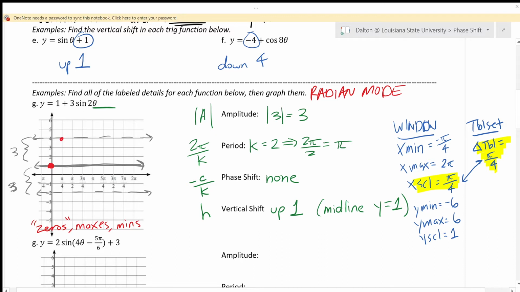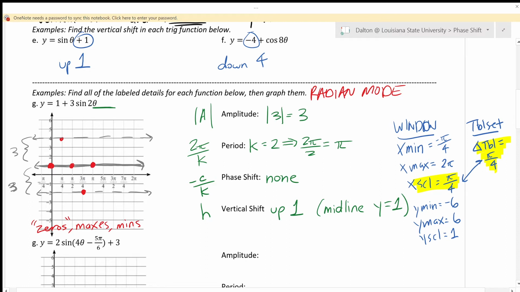At pi over 2, we're back down to 1. At 3 pi over 4, which is like 2.3562, we're down to -2. At pi, we're back up to 1.